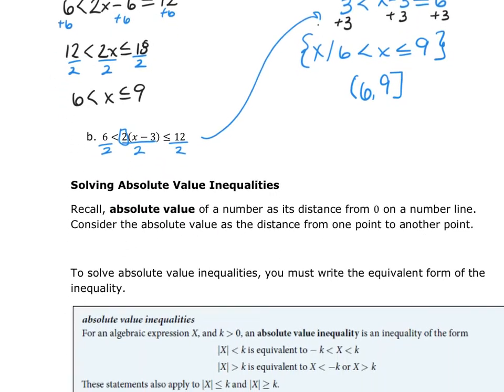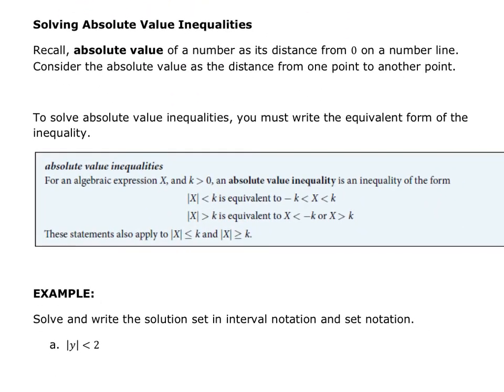Okay, so let's go on to absolute values. Now, when we're talking about absolute value, it is a distance to 0. So because it's an absolute value and it is a distance to 0, if I were asked to find the absolute value of x is equal to, say, 7, then the distance from positive 7 to 0 is a distance of 7.